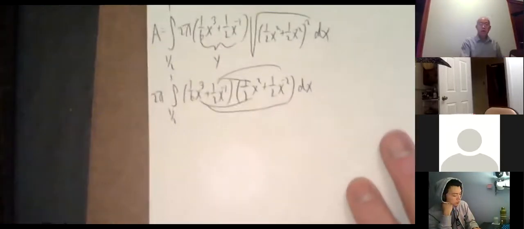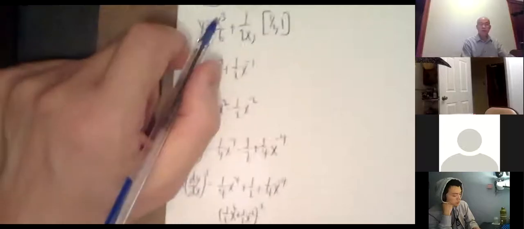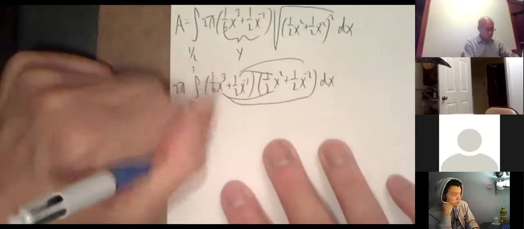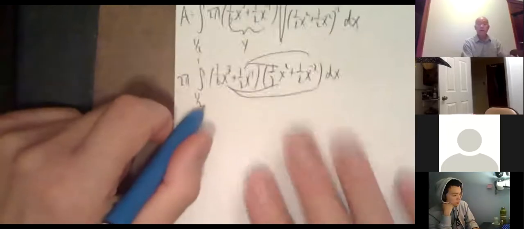Okay, since I think I've caught up with the chat, let me go back and try to finish this one then. So back to number 12. So 1/2 to 1.